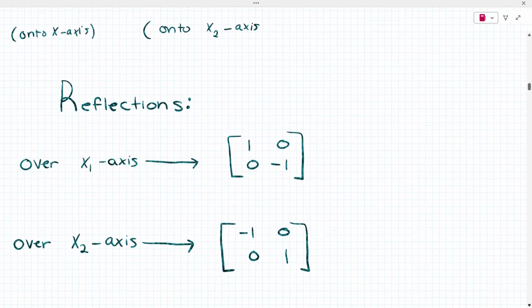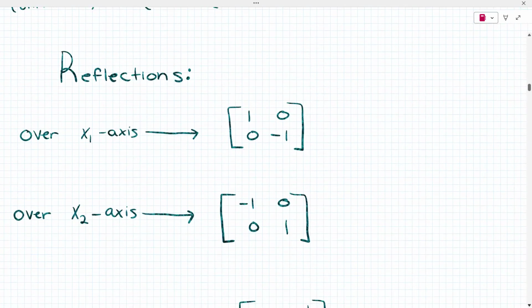Okay, what about reflection? There are quite a few reflections. There's a reflection over the x1 axis; you would set it up like this: 1, 0, 0, negative 1. Reflection over the x2 axis would be negative 1, 0, 0, 1.